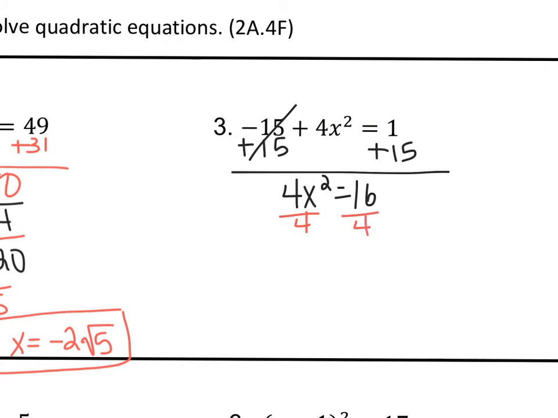The next step is to divide by 4. So now I have x squared equals 4. How do I get the x by itself? Okay, what is the square root of 4? 2. Ooh, but what kind of 2? A negative and a positive.